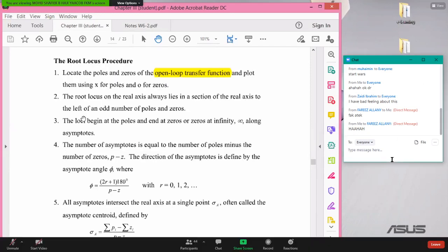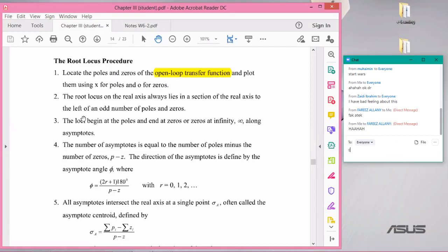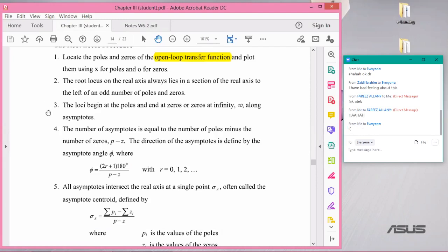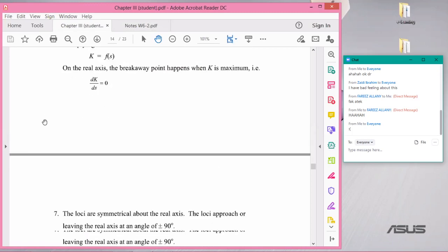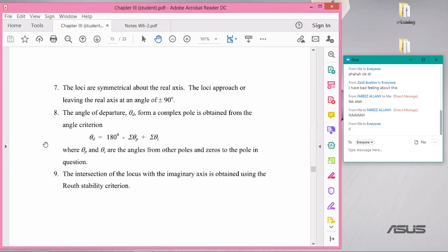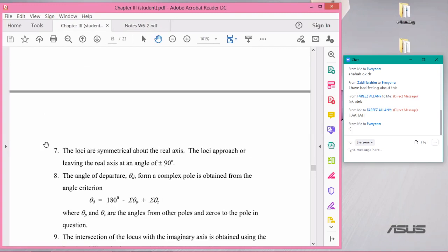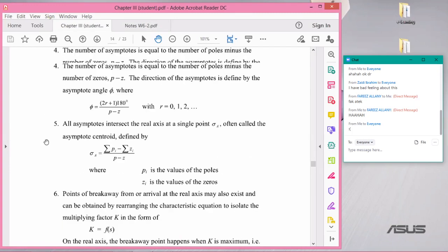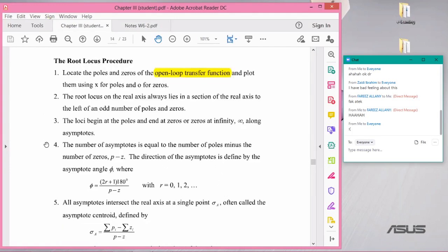You need to embrace this 9-step procedure of drawing the root locus. You're going to earn 20 marks from this alone: 10 marks from your test, and another 10 marks from your final.